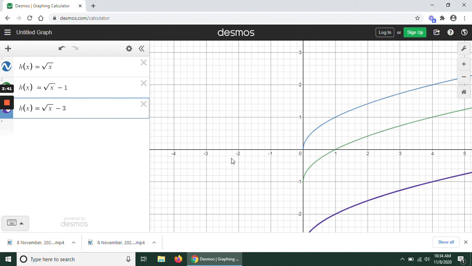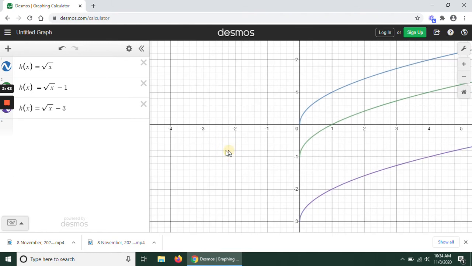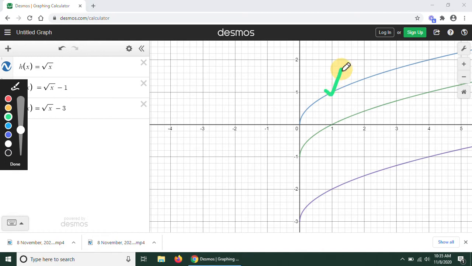All right, as you can see, our parent graph, this one, has been shifted 3 units downwards.